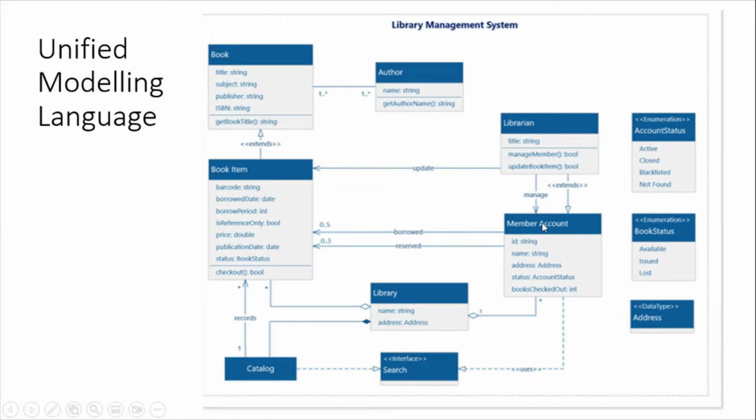Then member account is connected to book item because a member borrows a book and a member as well may reserve a book or a book item. Then a member account goes to the library and library contains the book. So these are some of the relationship between the classes.